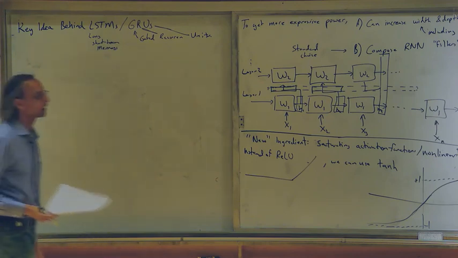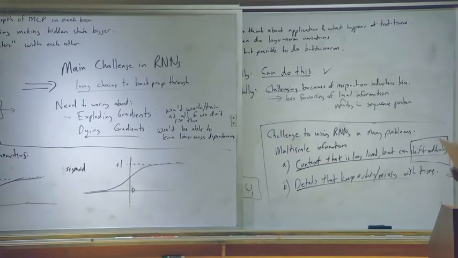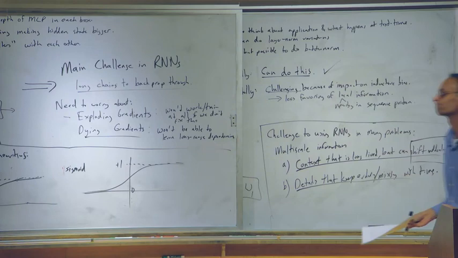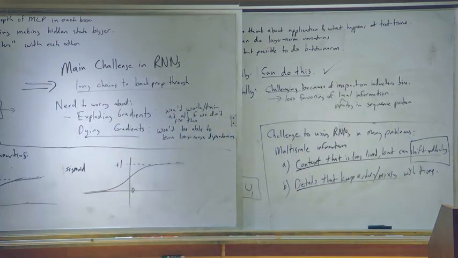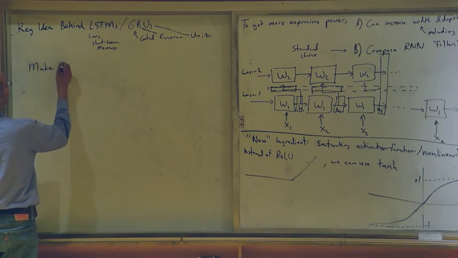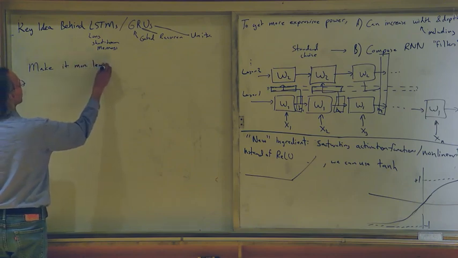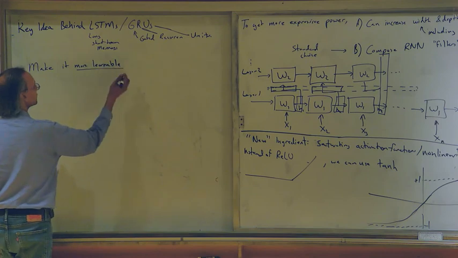So the idea is, if you want, the meta idea is, if you want two contradictory things at once, what you do is you offer the network both choices and tell it to learn what to do. Okay? Learnable.